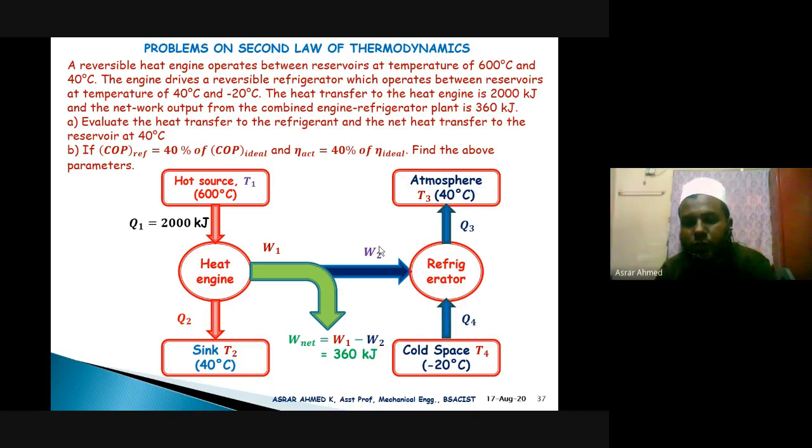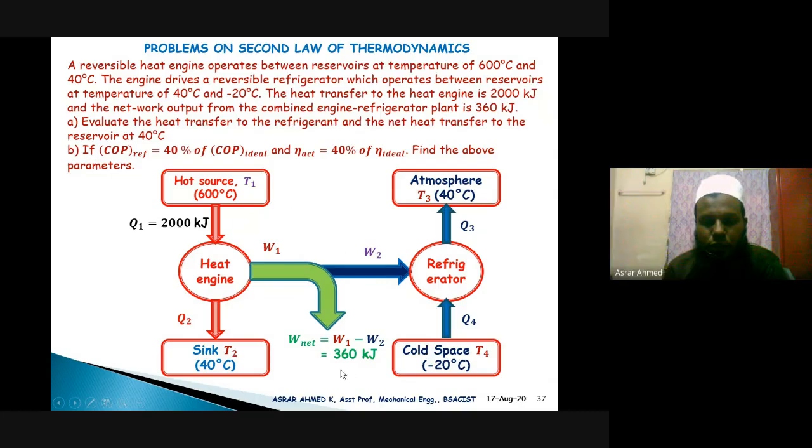Just as an example, if W1 is 1000, then W2 is 640, so that the net is 360. We do not know what W1 is and what W2 is after the expense.